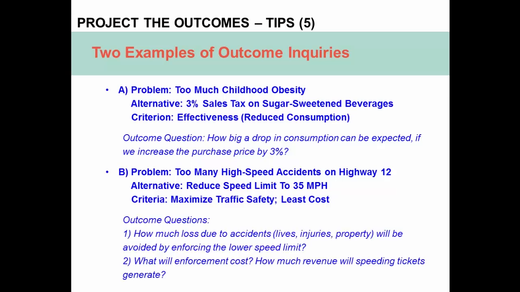The outcome questions that we should bear in mind and that will frame the inquiry is first, on the safety item, how much loss due to these accidents, in terms of lives lost, injuries, and property damage, will be avoided by enforcing the lower speed limit.